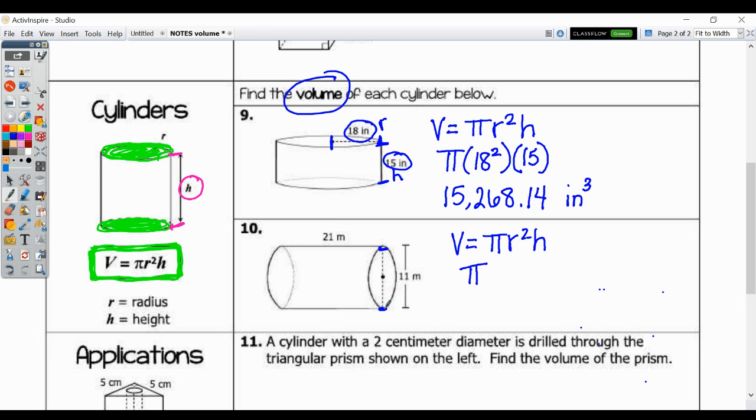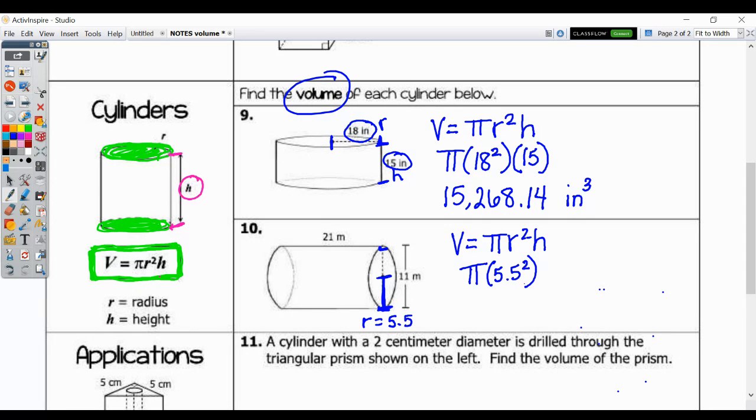I only want from edge to center. I only want this part. So I'm going to take their 11 and I'm going to half it. I'm going to divide it by 2. If you divide 11 by 2, you get 5.5. So my radius is actually going to be 5.5. So where it says r squared, I'm going to substitute in 5.5 squared.